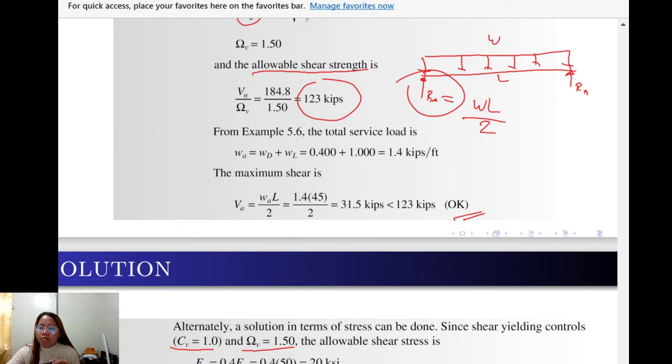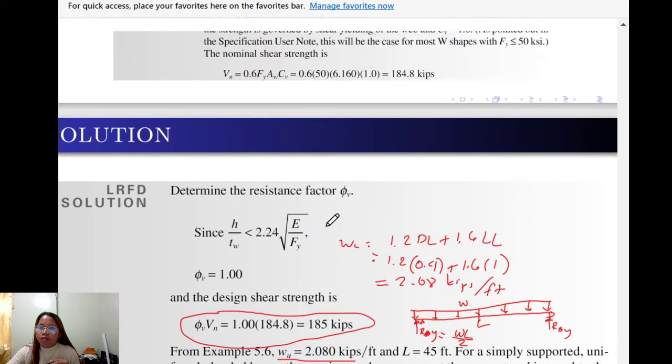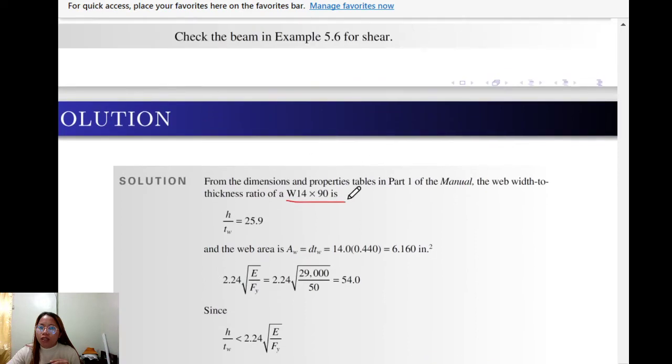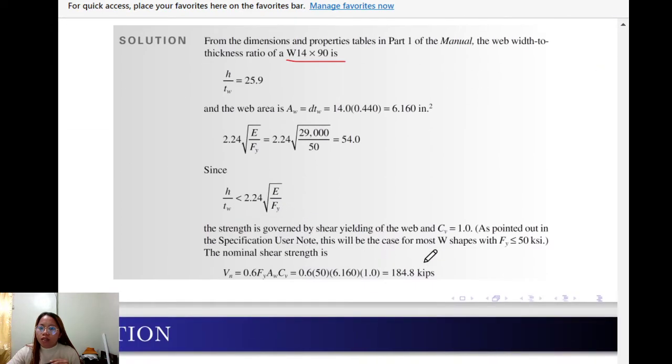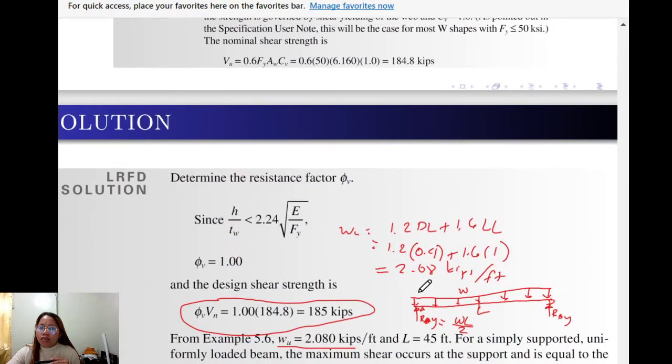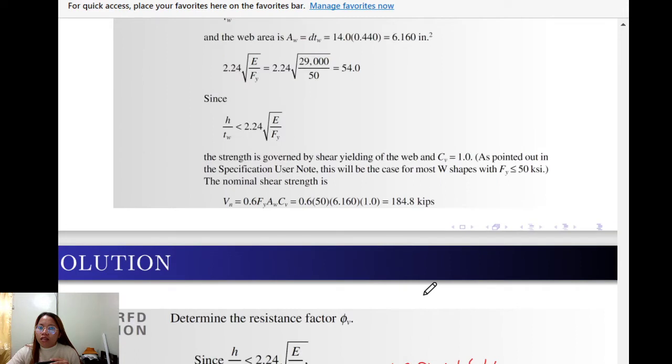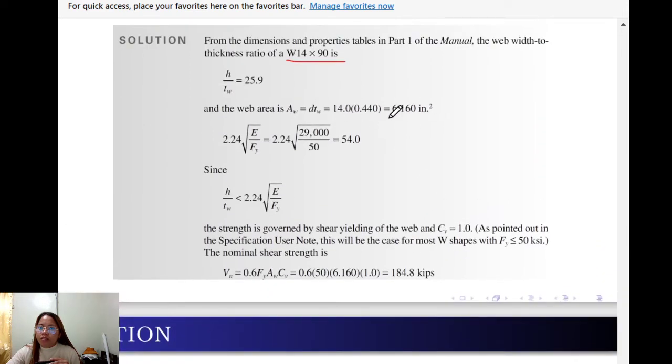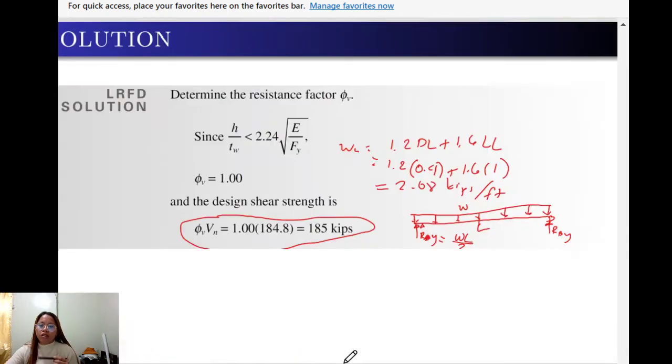The area of the web is the depth times the thickness of the web, which we computed earlier. This one is equal to 6.16 square inches.